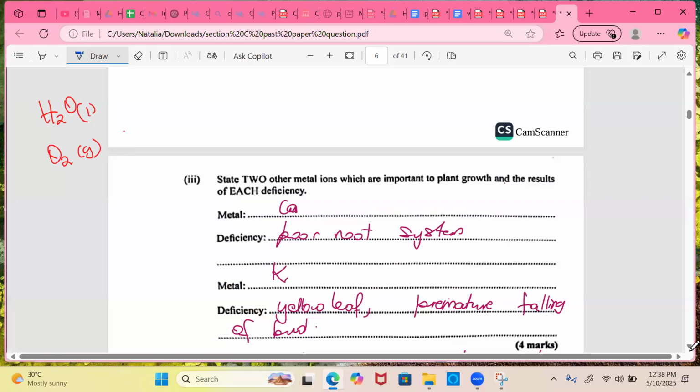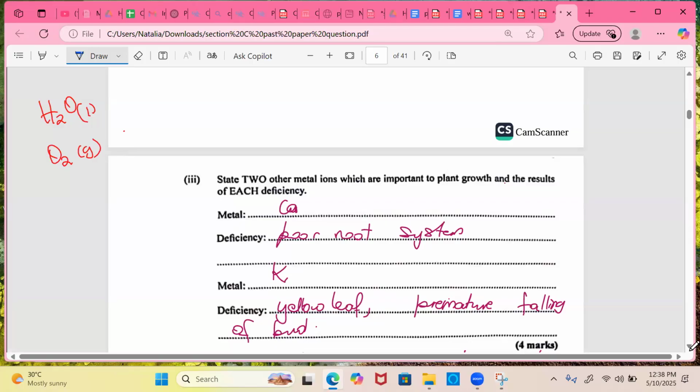Two other metal ions which are important to plant growth, and the result of their deficiency. So we have calcium, and in the big yellow textbook we don't use that, we should use the red one. There's another chemistry textbook that provides an entire page of metals and what they're used for. Calcium deficiency causes a poor root system.